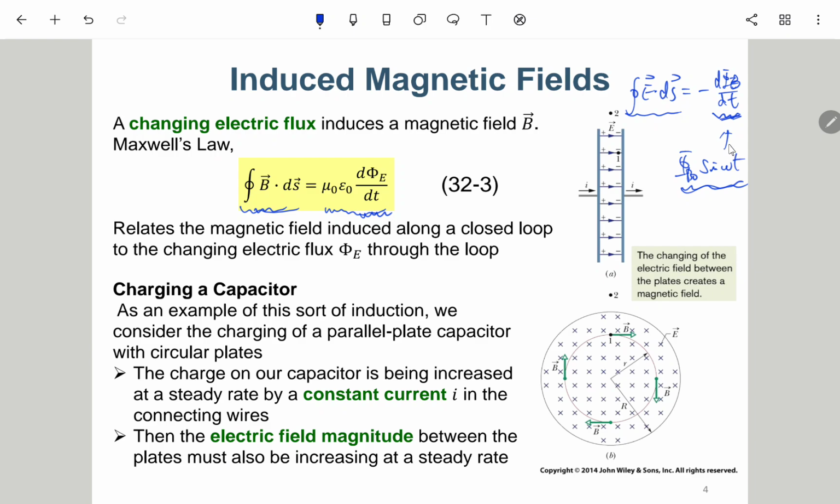Then taking the derivative of sine becomes cosine, so the induced E field will be time varying. It will also generate a time varying E field and then loop back to the induced B field. So a time varying E field generates a time varying B field, which loops back to a time varying E field.